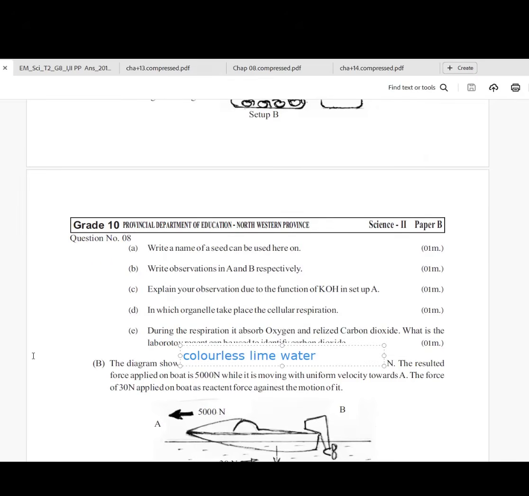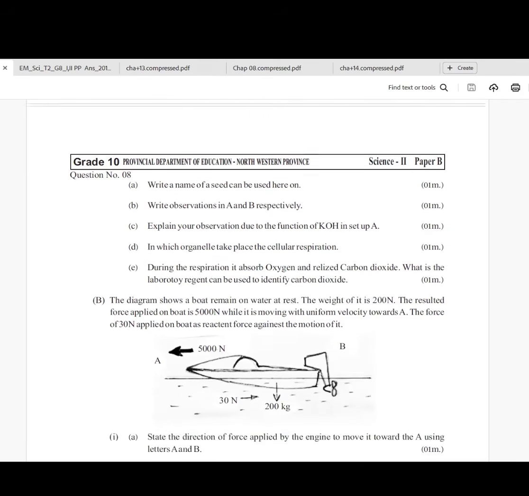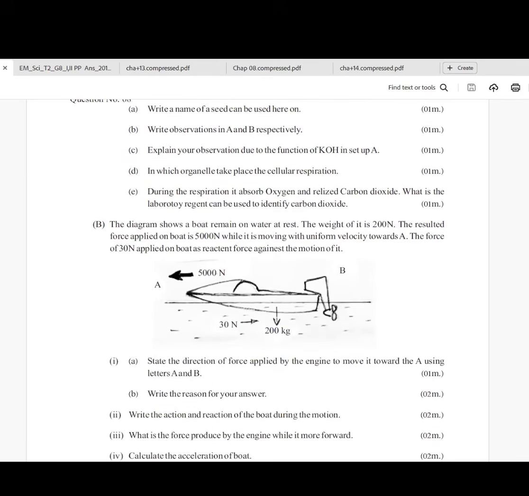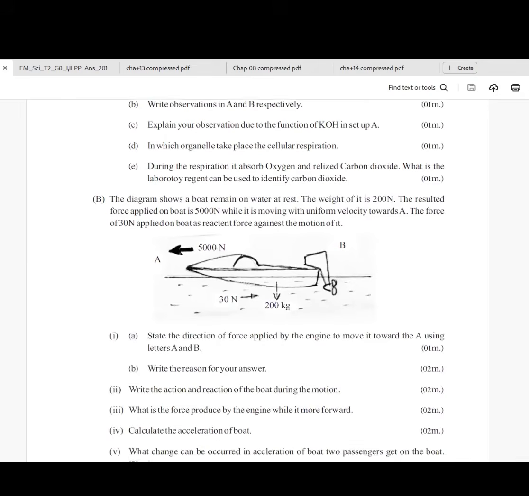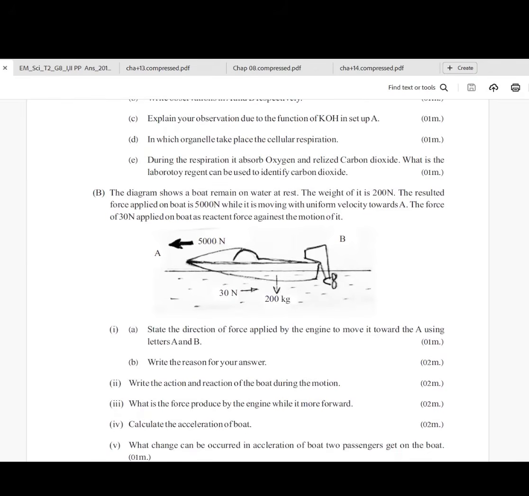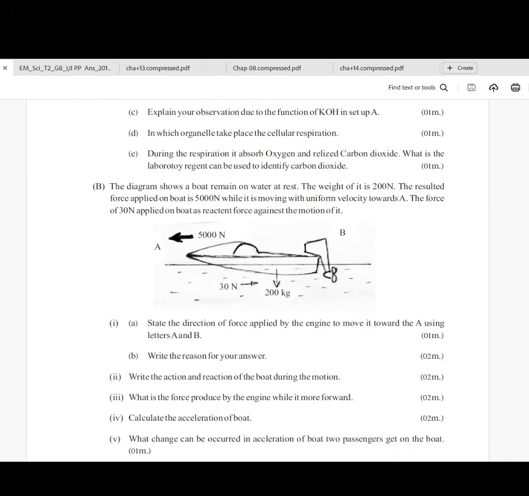B part. The diagram shows a boat at rest on water. The weight of it is 200 Newton. The resultant force applied on the boat is 5000 Newton, while it is moving with uniform velocity towards A. A force of 30 Newton is applied on the boat as a reaction force against its motion.